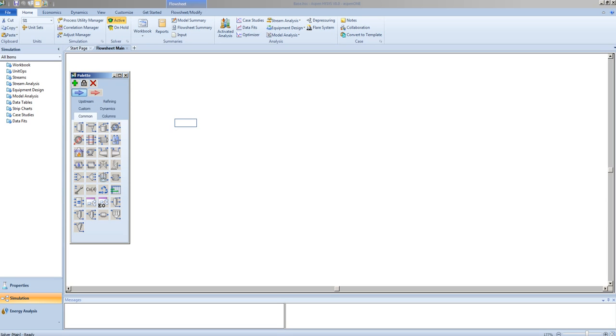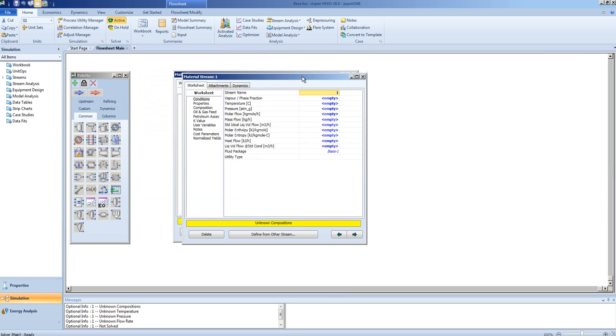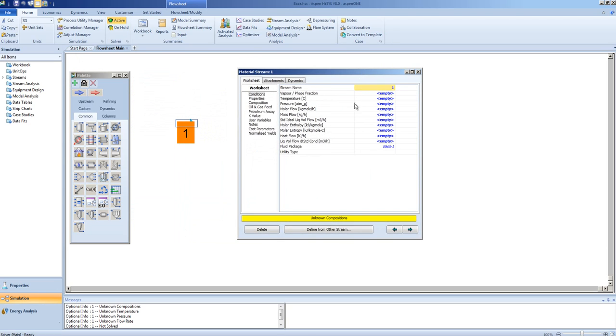Here we will add a feed, and in this feed we shall specify an inlet temperature of 300 degrees, a pressure of 80 atmospheres, and a molar flow of 1000 kilogram moles per hour.